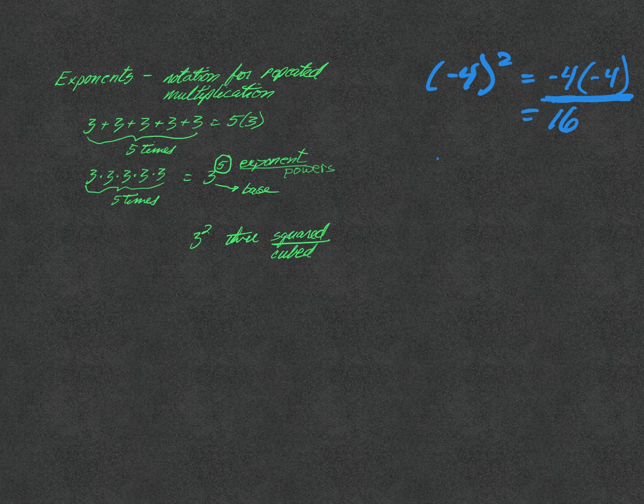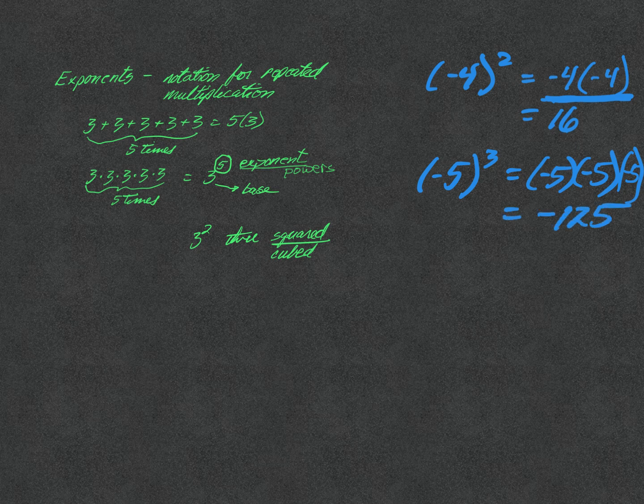You might have something like a negative 5 cubed, like this. And so that would be negative 5 times negative 5 times negative 5, which is negative 125. And so fairly straightforward to remember this. Now, of course, you can have like 10 squared, which is 100.